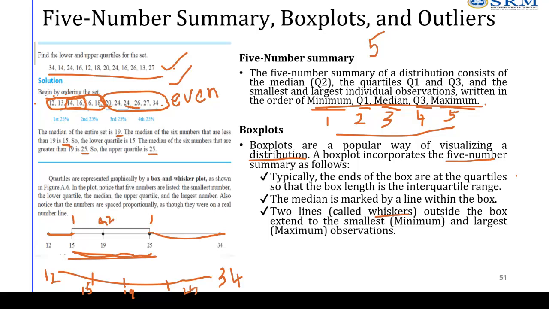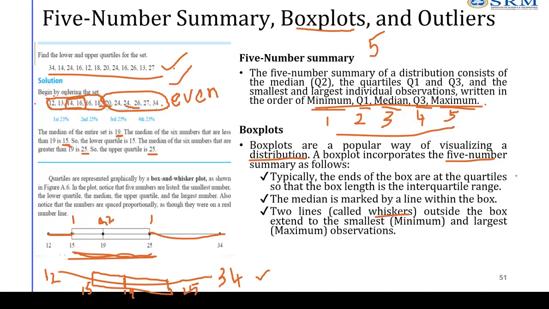The box can be drawn only from Q1 to Q3, so I'm drawing the box like this. From this to this is considered the box plot, and these two lines are the whiskers extended to the minimum and the maximum value. This is how we have drawn the 5-number summary.